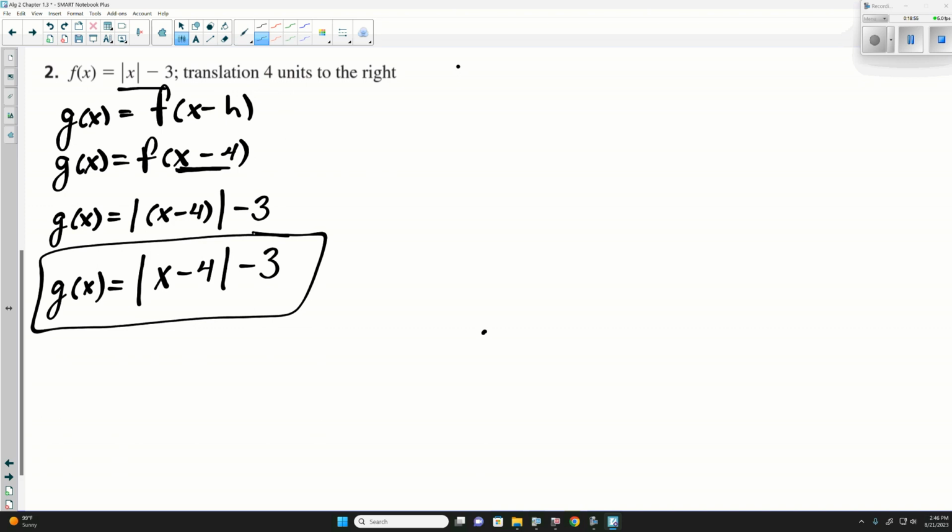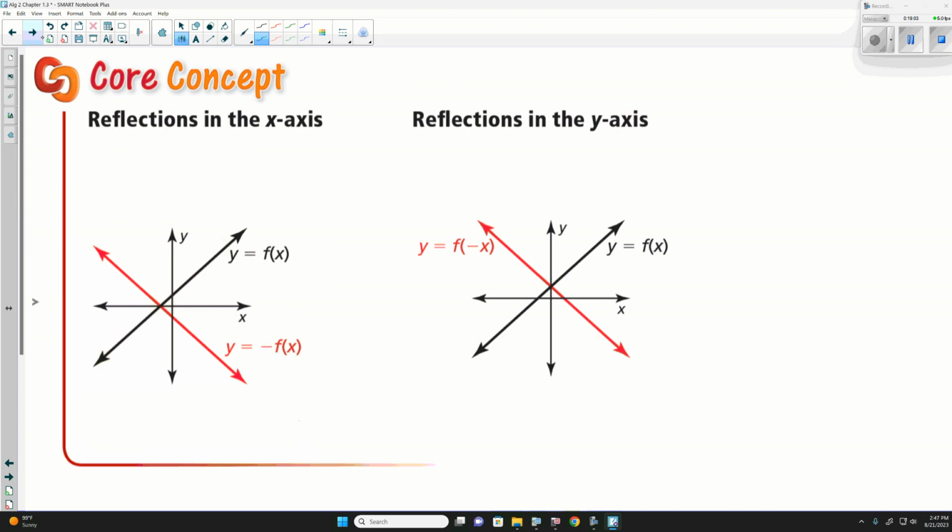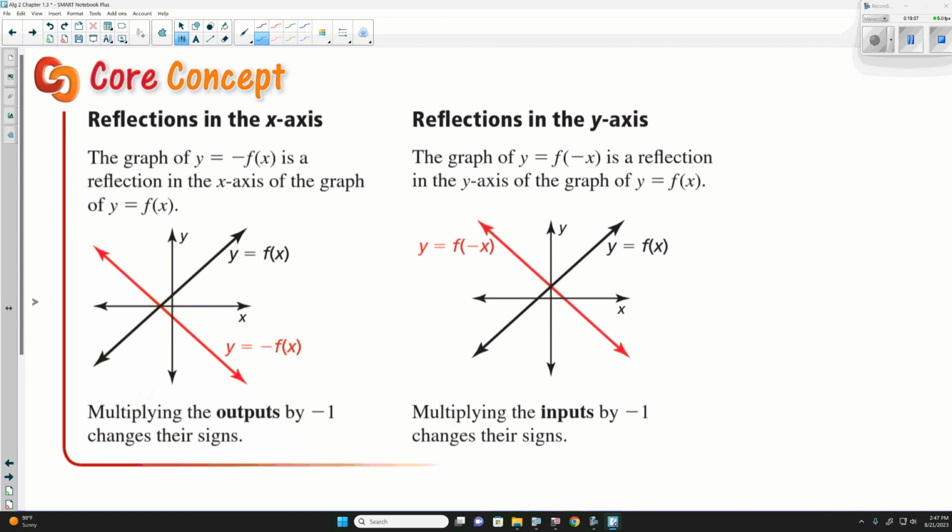Any questions on any of our translations so far, up, down, left, right? Well, I kind of gave it away. Our next one is reflection. And there's two ways we can reflect a function, across the x or across the y. Now we could reflect it across a line away from either one of these, but we're mainly just going to look at across the x and y axis.